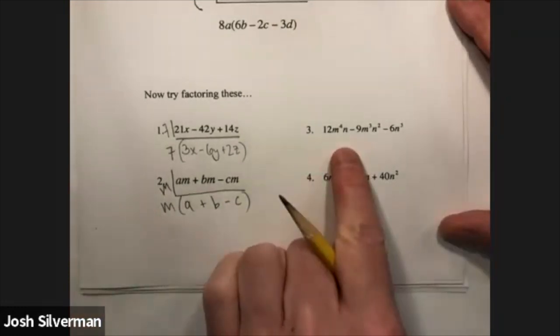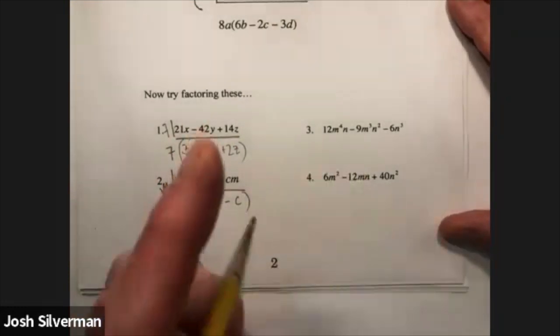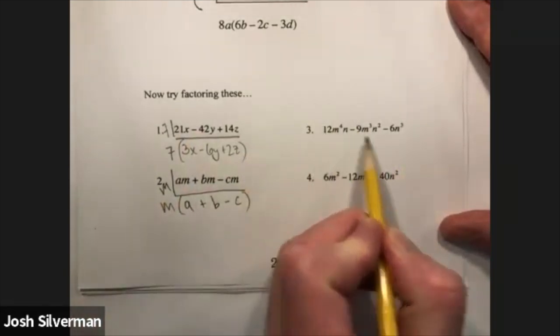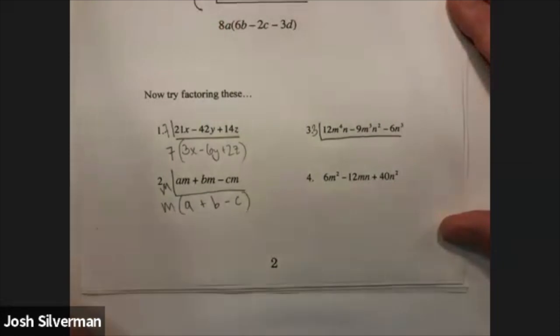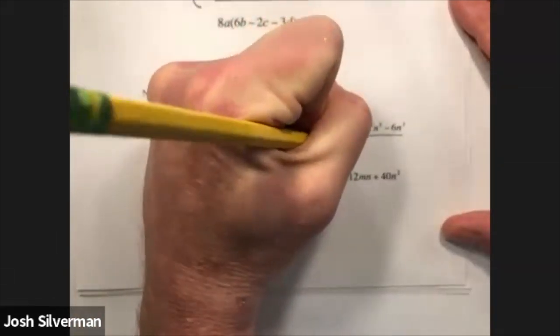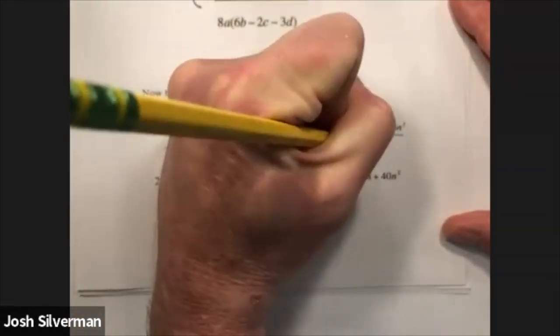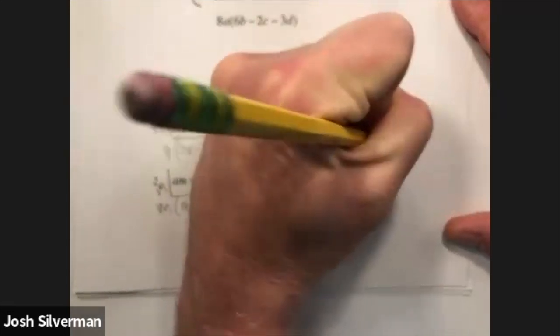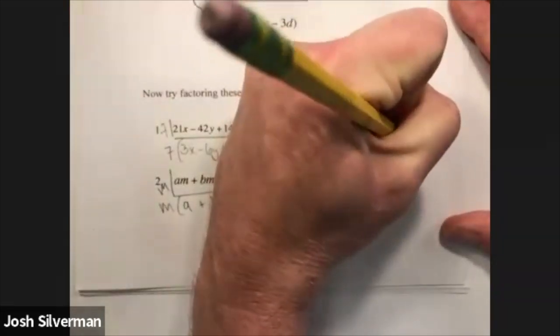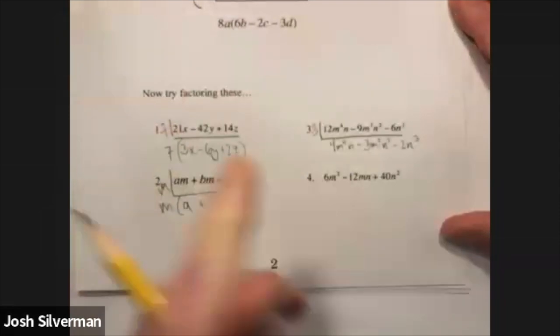What can all of these be divided by? Well, all of them could be divided by a 3. So let's start with that. And if we divided each of those by 3, that would leave behind 4m to the 4th n minus 3m to the 3rd n squared minus 2n to the 3rd.